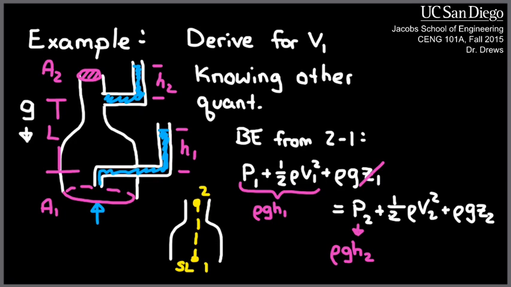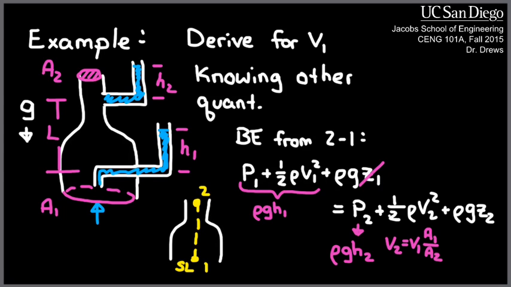Yes, so we can use conservation of mass, right? We're going through a duct. We know the size of either side of the duct. Conservation of mass says that V2 will be equal to V1 times the ratio of A1 over A2. How about rho g Z2? It's going to be L, right?